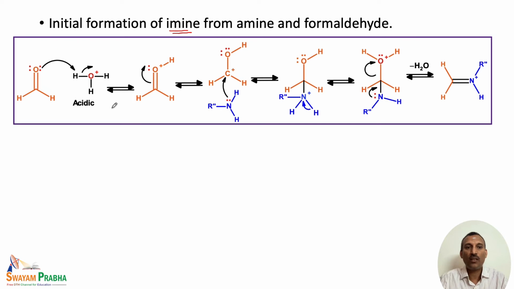This can also be looked at as the formation of an amine from amino compounds. When a primary amine reacts with a carbonyl compound, here we take the example of formaldehyde as the carbonyl compound.